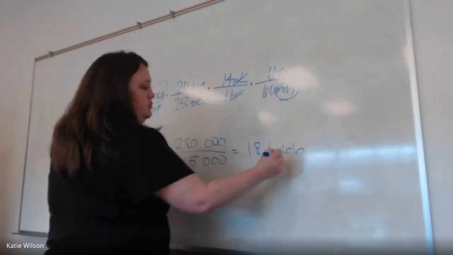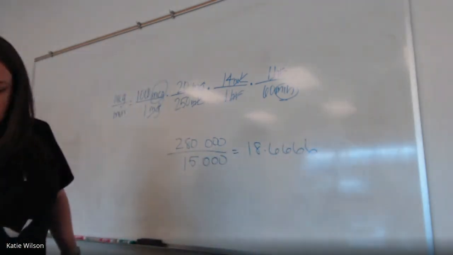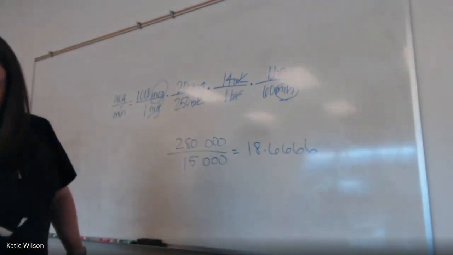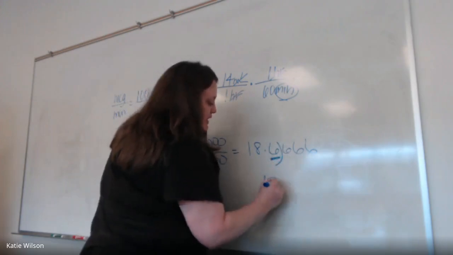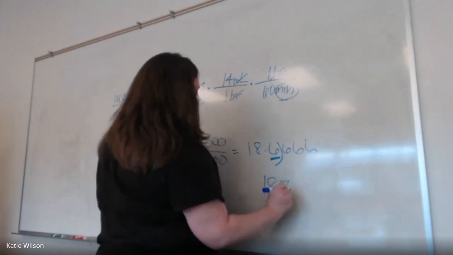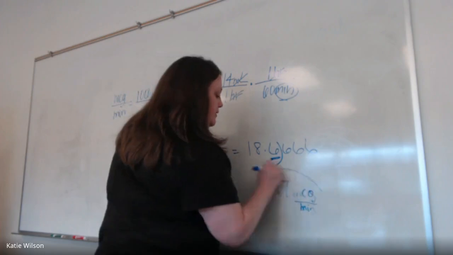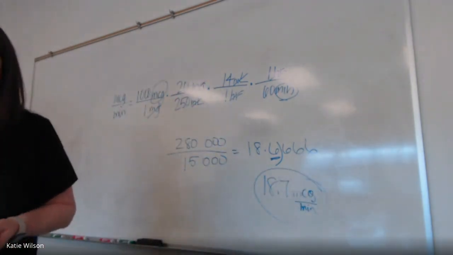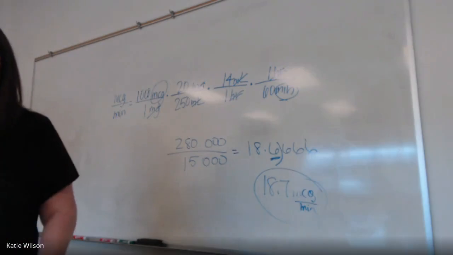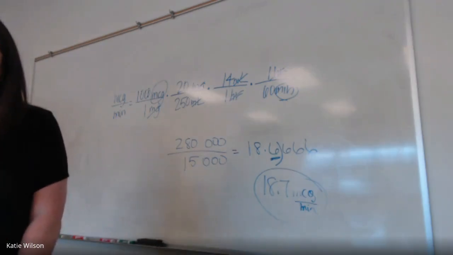And I get 18.6666 repeating. I'm rounding to the nearest tenth. So that's 18.7 micrograms per minute. Okay, so go back to that question. We've calculated the micrograms per minute. Indicate whether the dosage is within the prescribed range.